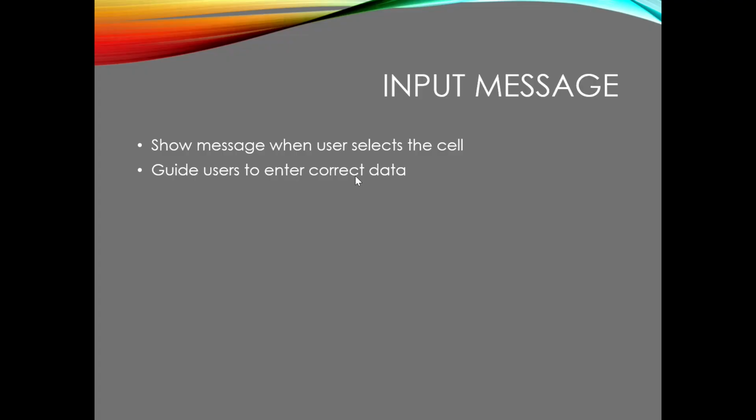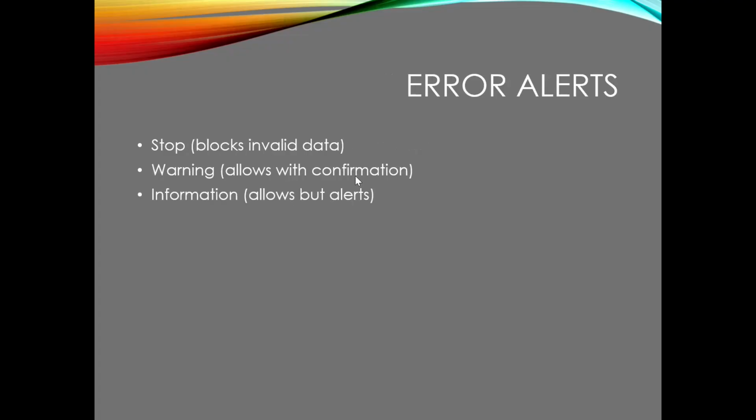How we set the notification, I'm going to show you practically. Then error alerts: how to set the error alert in Excel. Stop blocks invalid data, warning allows you to confirm, and information allows but alerts. So you get an alert that shows the user which kind of data can be entered in the cell.